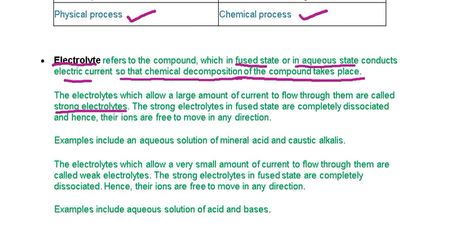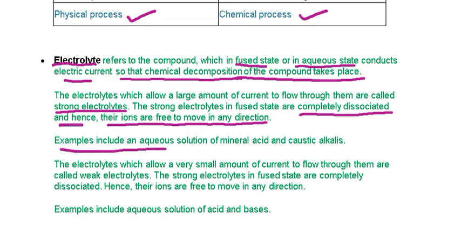The strong electrolytes in the fused state are completely dissociated, and hence their ions are free to move in any direction. Examples include an aqueous solution of mineral acids and caustic alkalis.